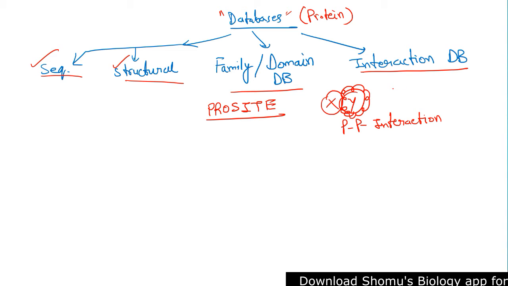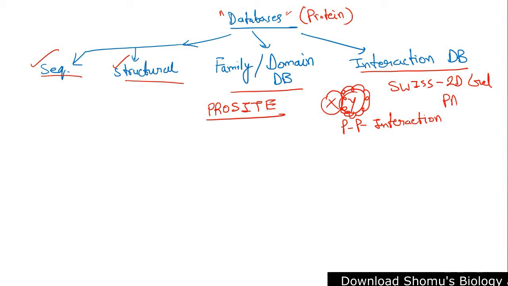An example of such an interaction database is Swiss two-dimensional gel PAGE. What is PAGE? Polyacrylamide gel electrophoresis. So Swiss 2D-PAGE is the full form; the word gel is not normally present. It contains information about proteins identified on two-dimensional polyacrylamide gel electrophoresis assays.